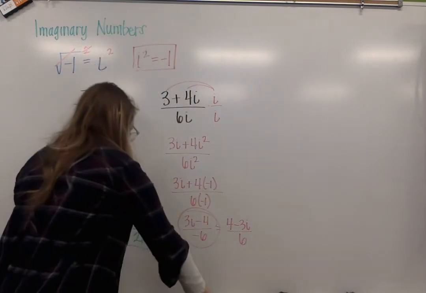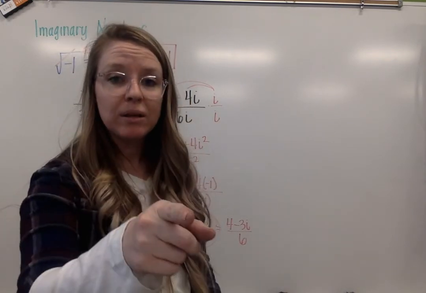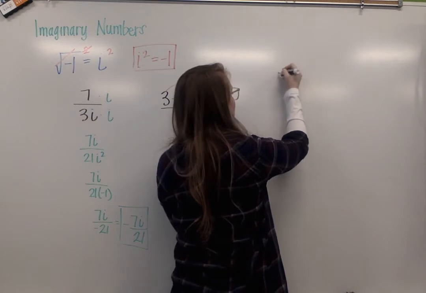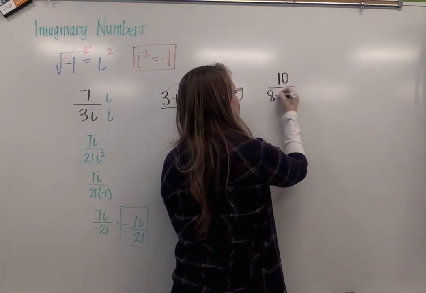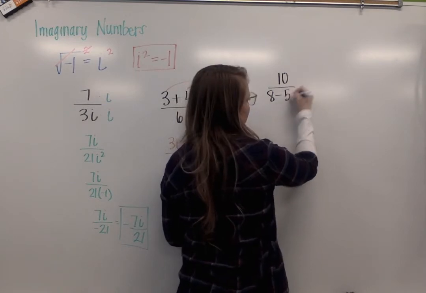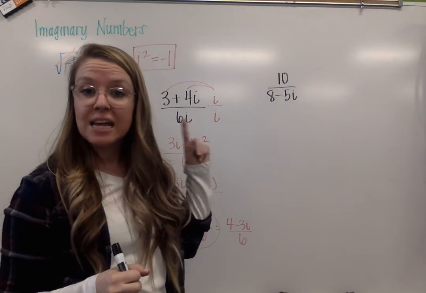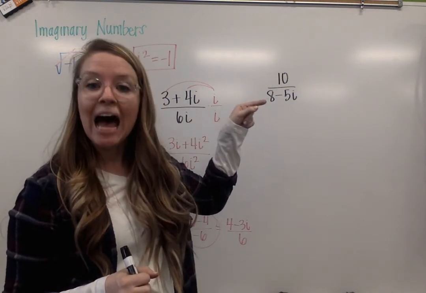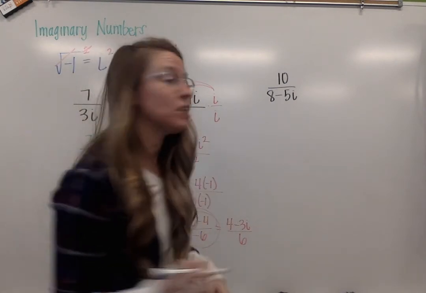All right, one last example. It's going to be a little bit of a longer one. Bear with me, you guys got this. So if we have 10 over 8 minus 5i. So what's happening here, instead of the binomial in the numerator, I have a binomial in the denominator. So what's going to happen is I have to multiply by the conjugate.